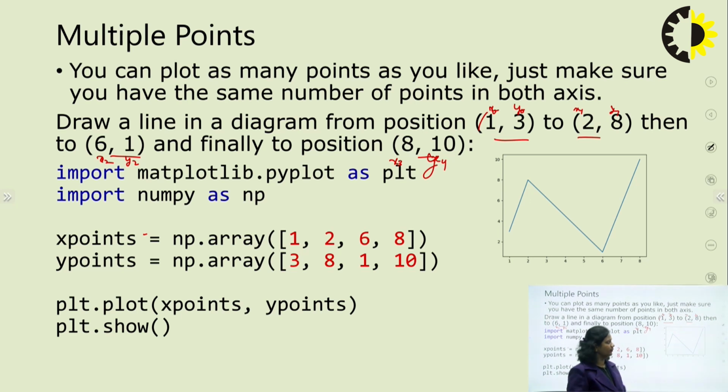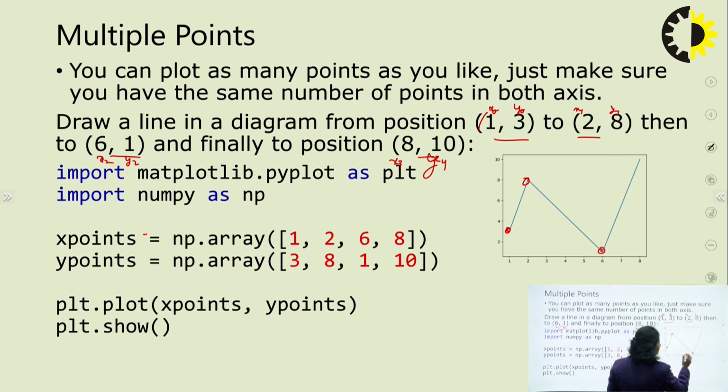So how would the output be? First, the point is 1 and 3. 1 is from the x-axis, 3 is from the y-axis. So 1 and 3, the first point is this. Another, 2, 8. 2 is from the x-axis and 8 is from the y-axis. Another point is this. And the third point is 6, 1. 6 is here on the x-axis and 1 is here.